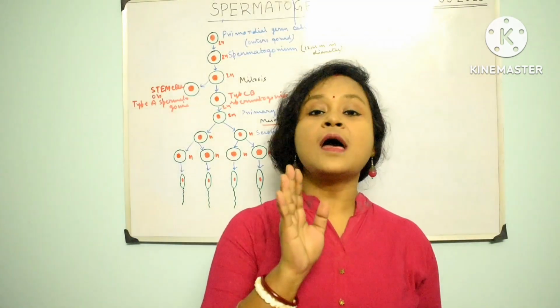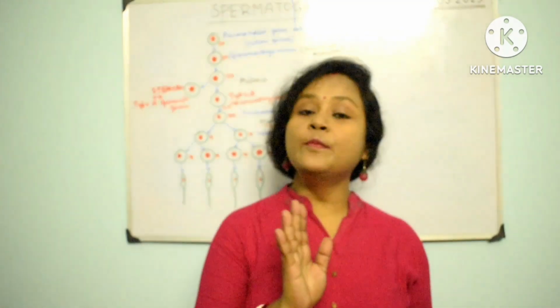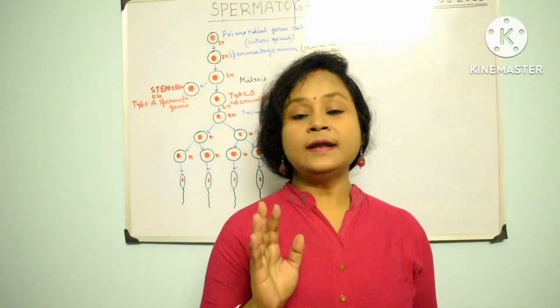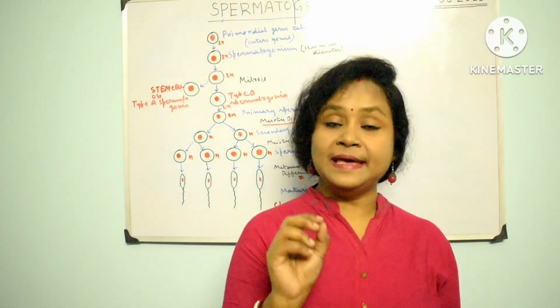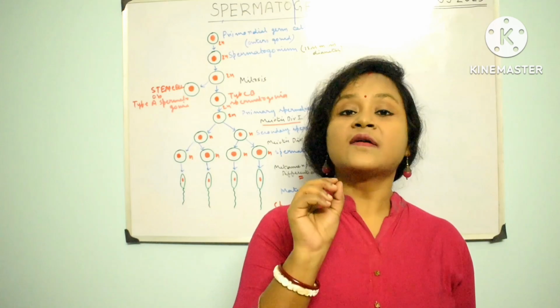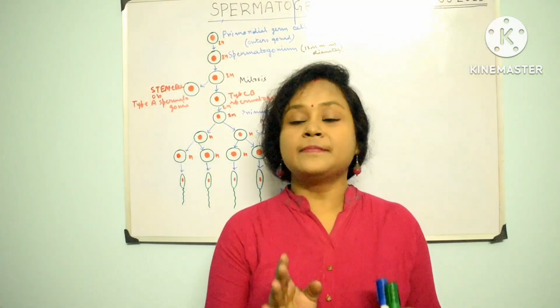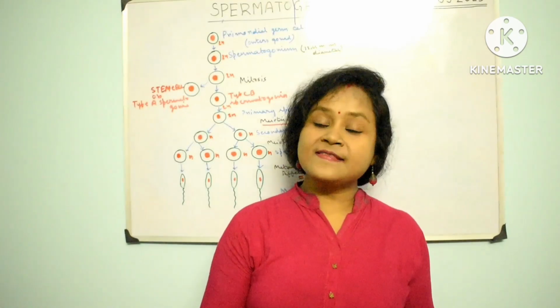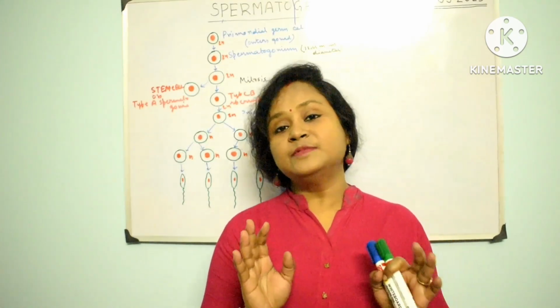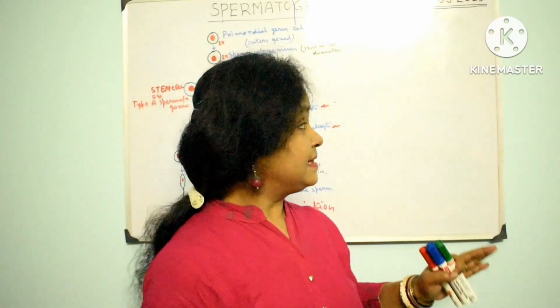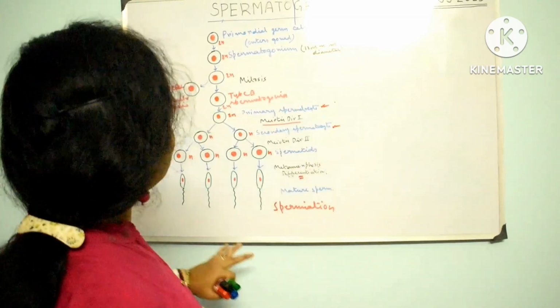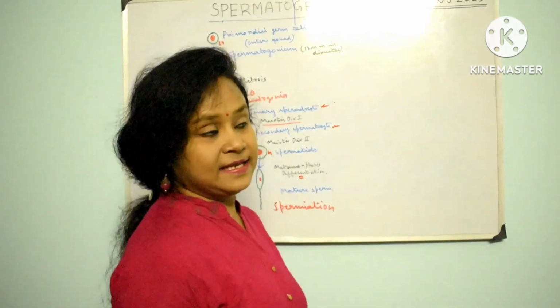They help to release sperm into the lumen of the tubule, and the fifth one, they help in spermiation, meaning they help in the release of sperm from the seminiferous tubule. With the release of sperm in the lumen, the process of spermatogenesis comes to an end. So this is, in a nutshell, the process of spermatogenesis.